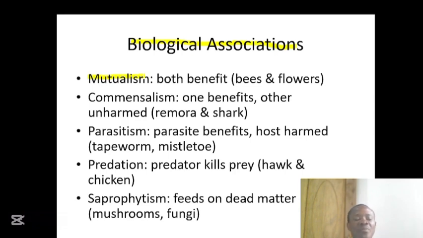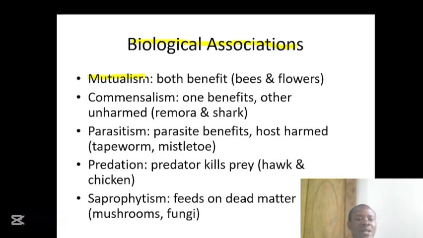And most often, people misinterpret symbiosis to be mutualism. They are different things. Symbiosis is the umbrella of all of them. It is a long-time relationship that exists between organisms of different species.